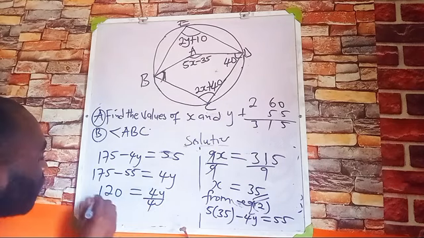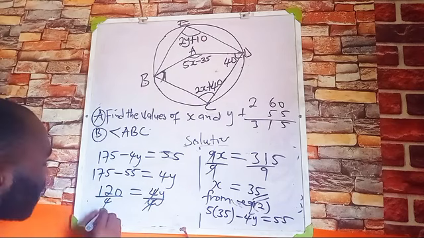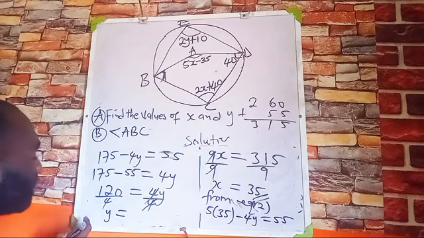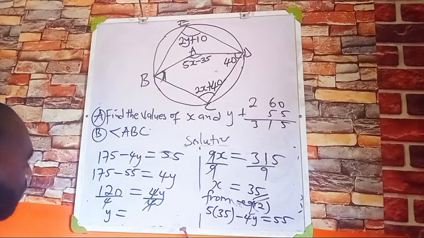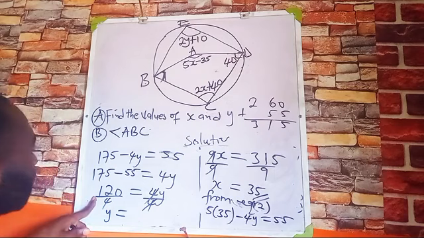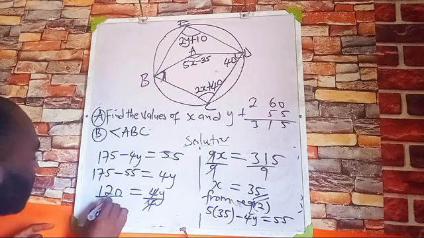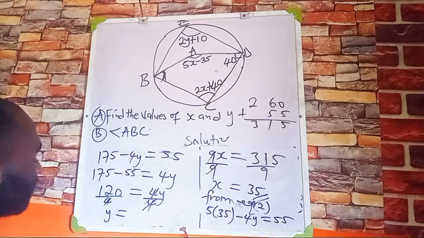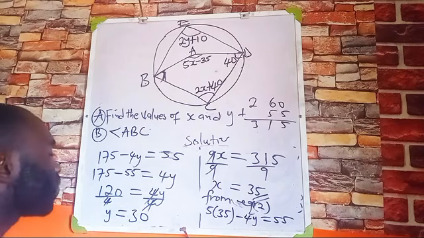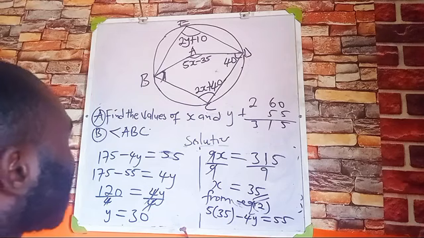We divide both sides by 4. 4 divided by 4 is 1 times y. y is equal to 120 divided by 4. 100 divided by 4 is 25. 20 divided by 4 is 5. So that is 30. So y is 30. So now we have successfully found the values of y and x.